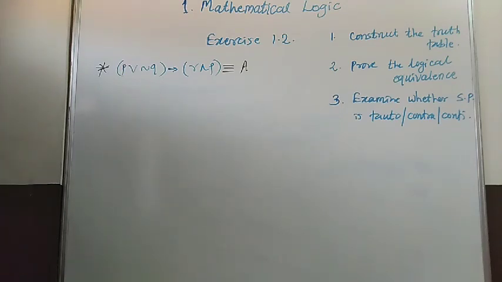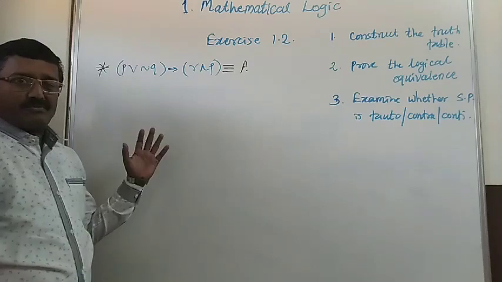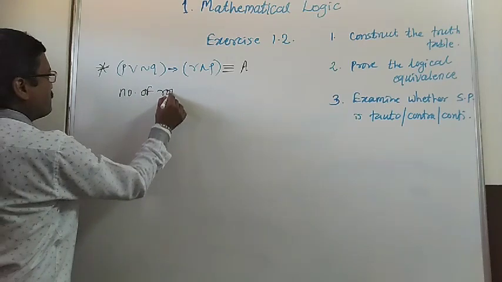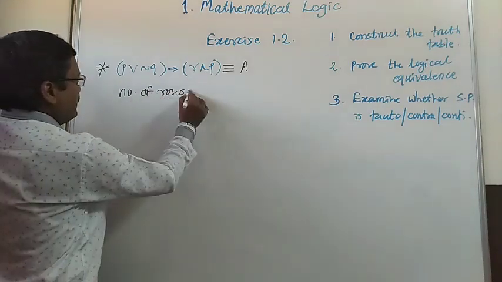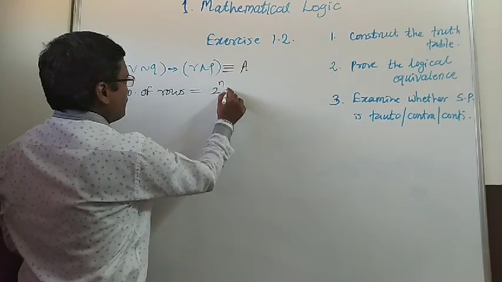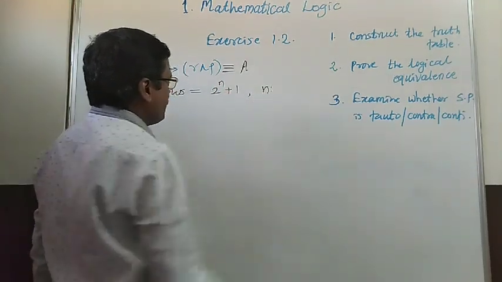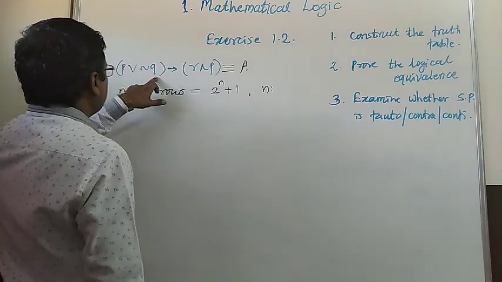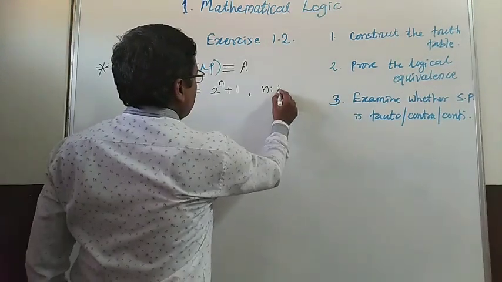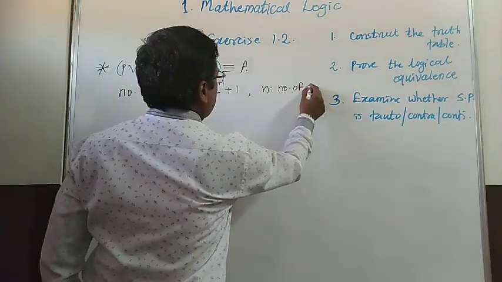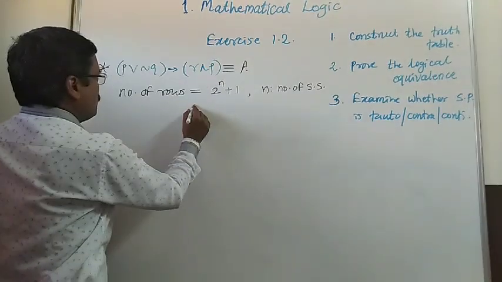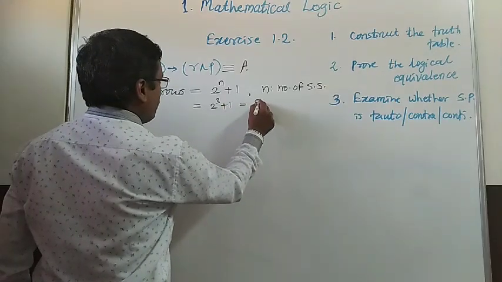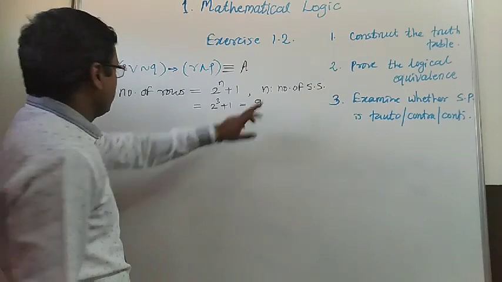To prepare the truth table, we have to determine the number of rows and the number of columns. The number of rows is equal to 2 raised to n plus 1, where n is the number of simple statements in this statement pattern. Here P, Q and R, these three simple statements are there. So the number of rows becomes 2 raised to 3 plus 1; 2 raised to 3 is 8, plus 1, that is 9.